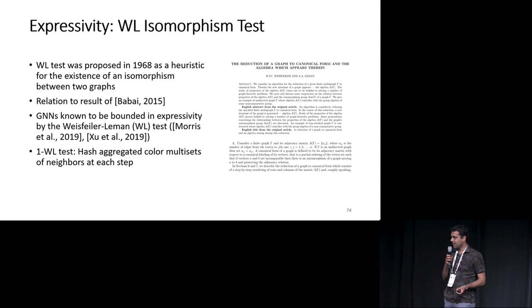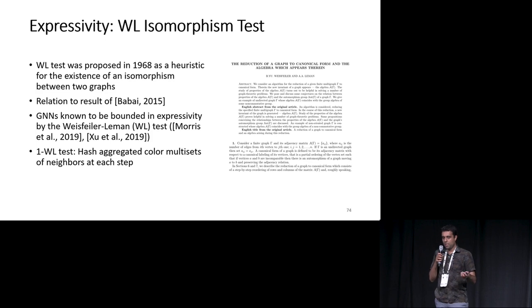It's more of a heuristic, but there are certain pairs of non-isomorphic graphs that this test cannot distinguish. And it turns out that GNNs, at least vanilla GNNs, are known to be bounded in expressivity by the Weisfeiler-Lehman test.